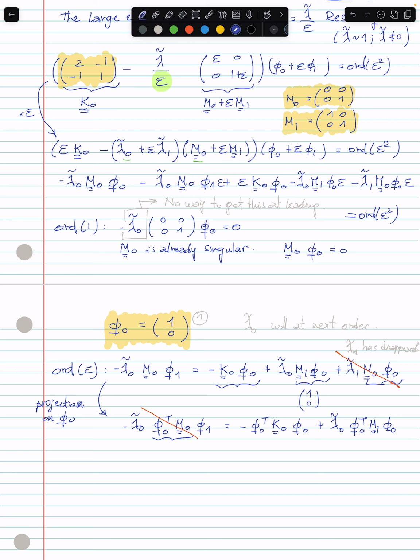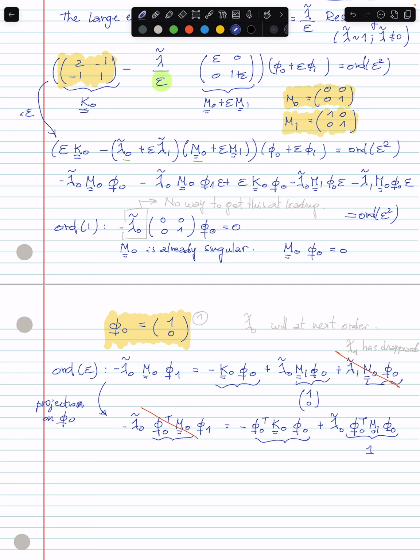This is nothing but the squared norm of phi 0 because m1 is identity, so that is equal to 1. And phi 0 transposed times k0 times phi 0.